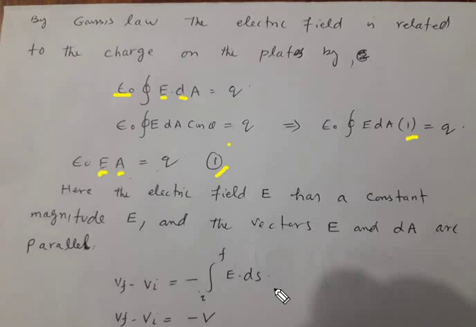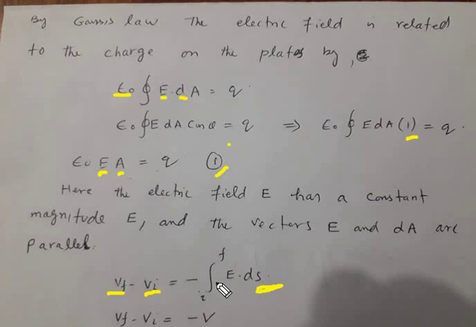The potential difference between the plates is related to the electric field E by this equation. In this case, the vectors E and ds are directed in the same path, so the quantity Vf minus Vi is negative.